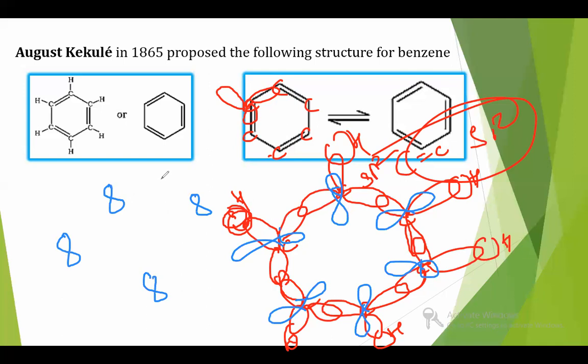If we join this here to here, and here to here, we get this perpendicular structure of benzene.